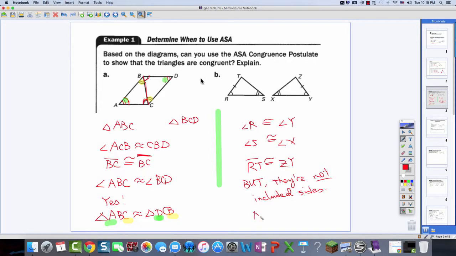Therefore, no. For these two triangles, I don't have enough information. Not enough information to conclude that they are congruent triangles.